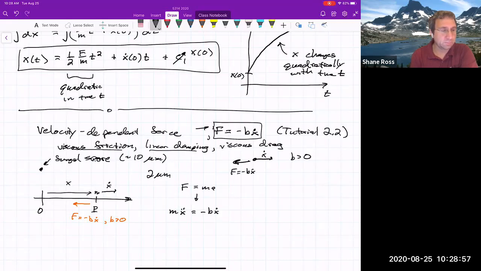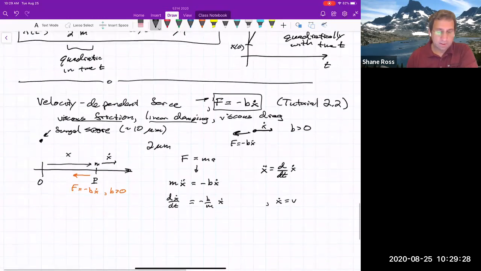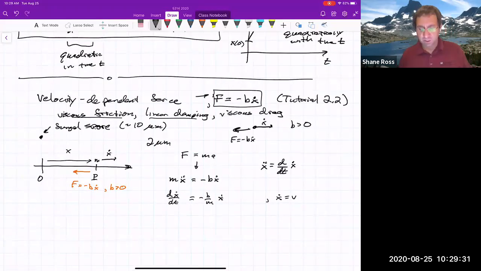That's our ODE, okay? And we know x double dot is just the time derivative of x dot. So let's rewrite x double dot as d x dot dt. Let's move m over to the other side. And we can remind ourselves x dot is just the velocity. So maybe we'll just use the notation of the velocity here, since we've got velocity on both sides.